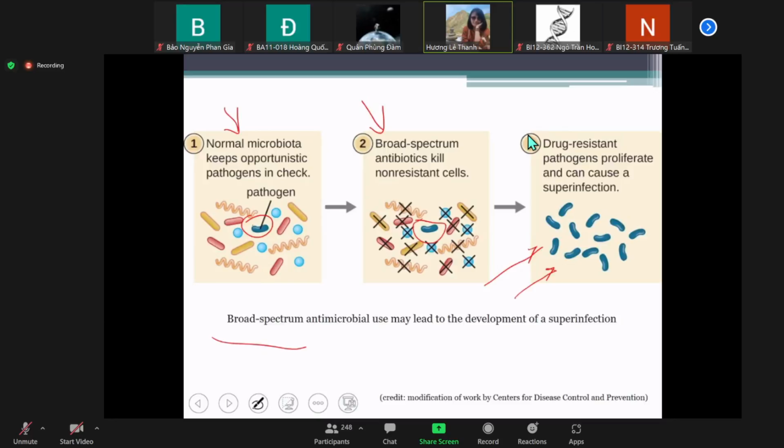The other partner is killed, so now only the resistant bacteria can grow, because now only they can use the nutrients and the areas to grow. It's called a super infection.